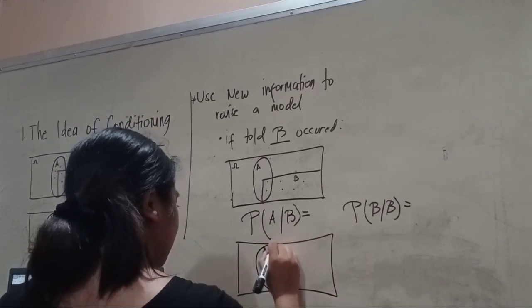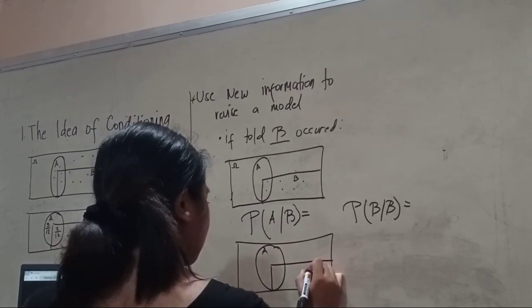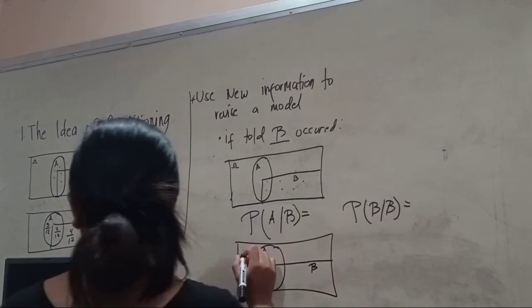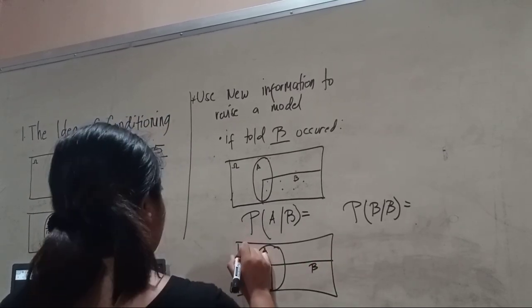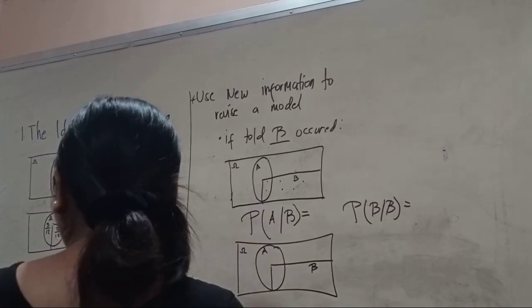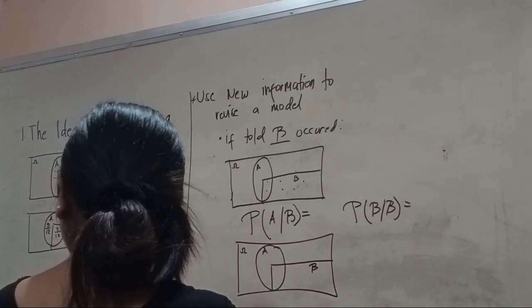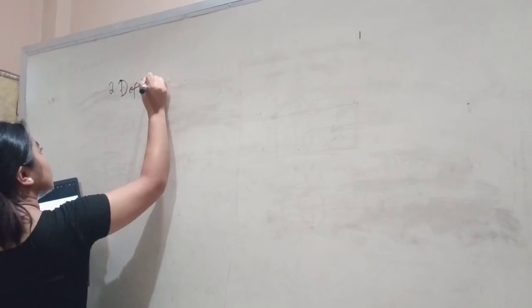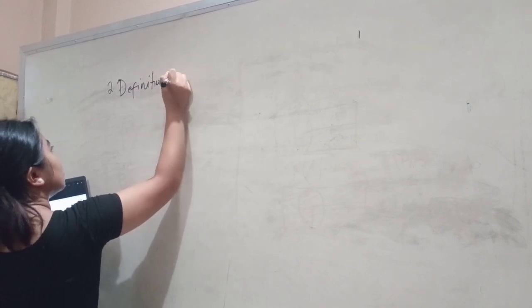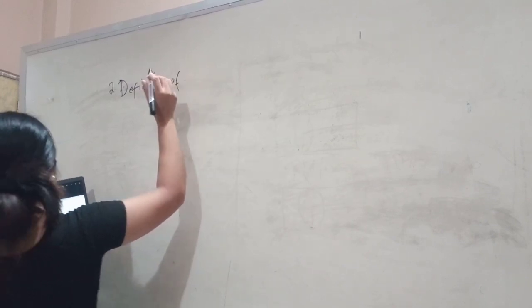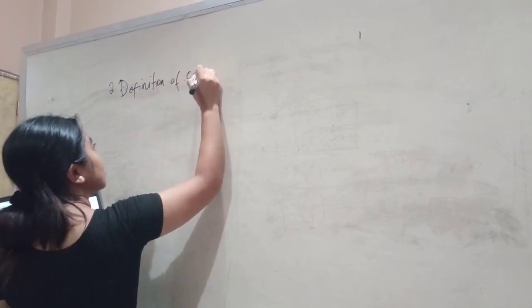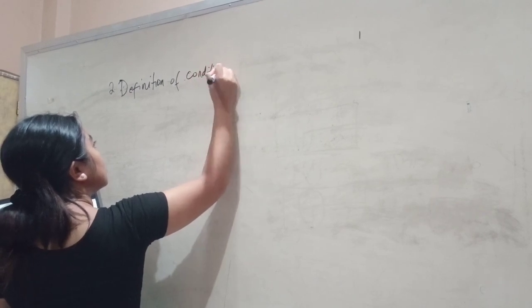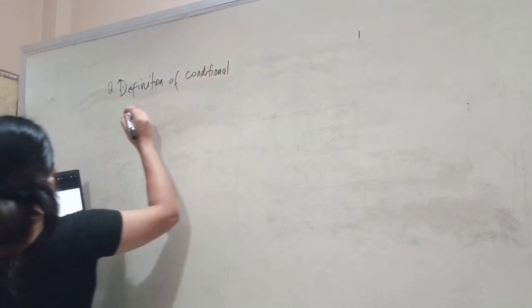Probability of A and C. Definition of conditional probability.